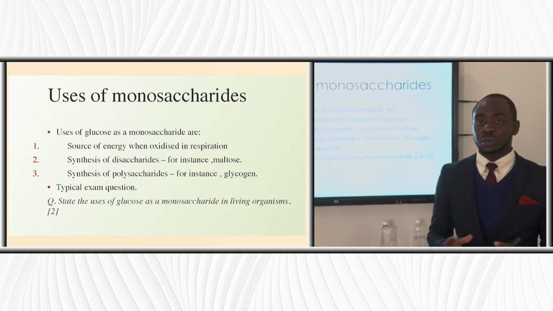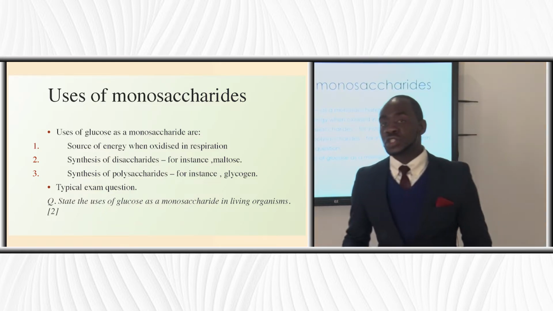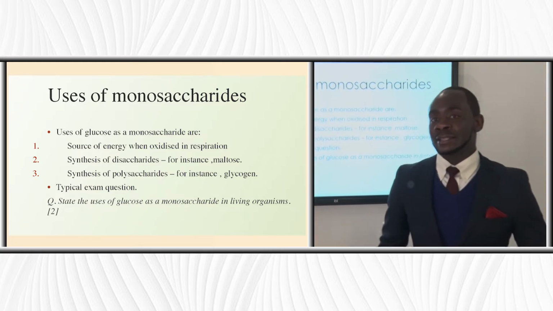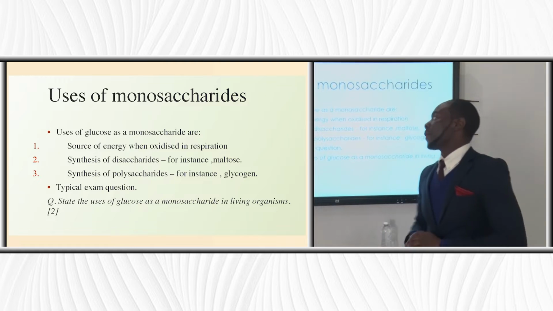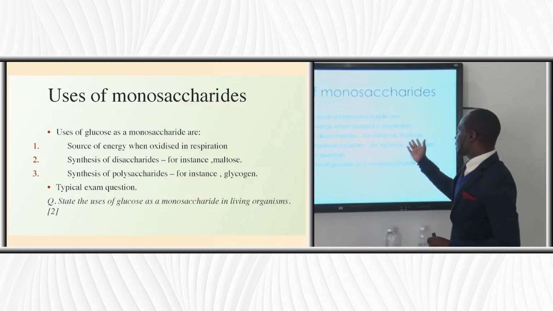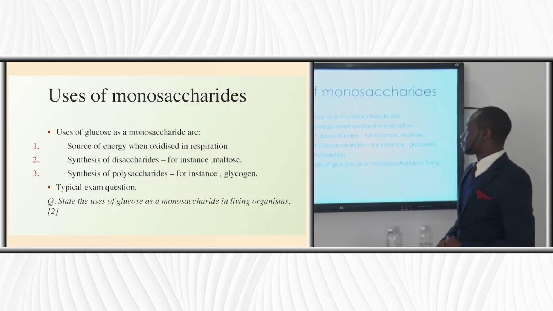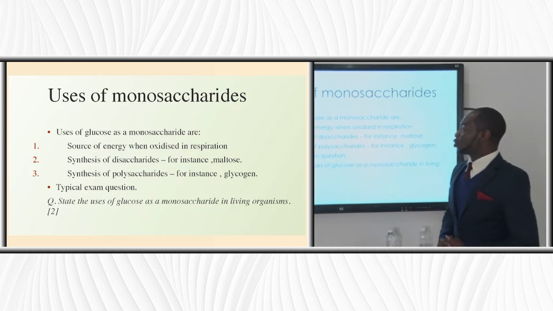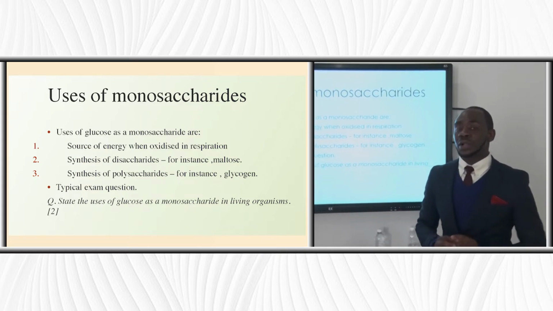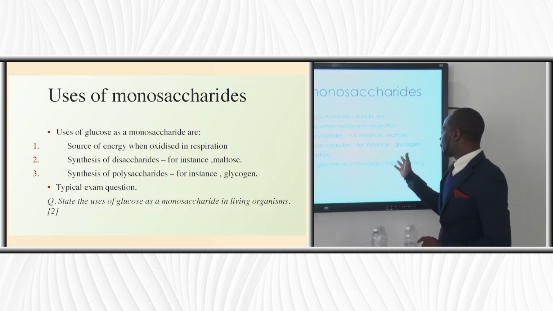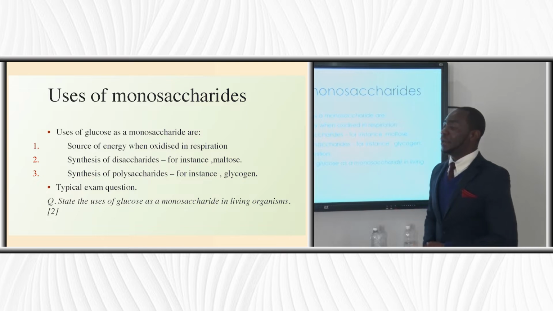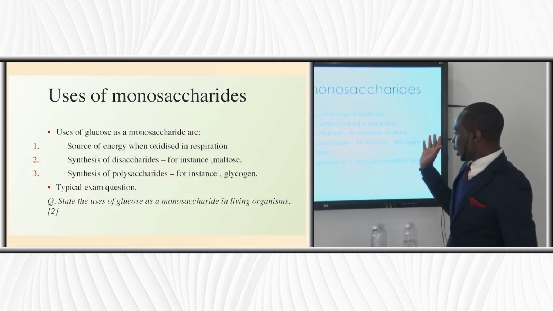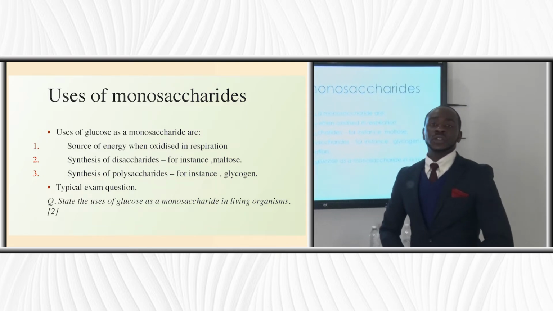Monosaccharides are used to make disaccharides, such as maltose. 3. Monosaccharides are used to synthesize polysaccharides. For instance, we have glycogen, starch, cellulose.